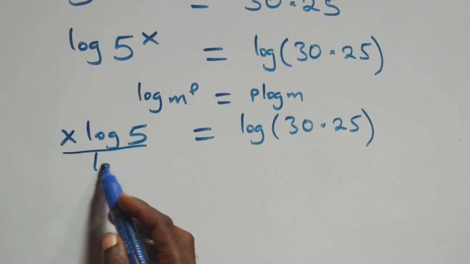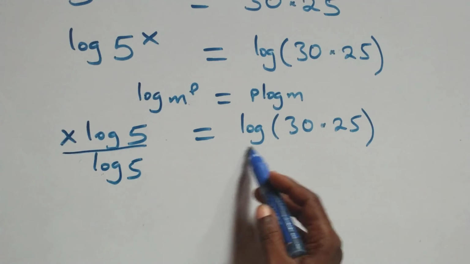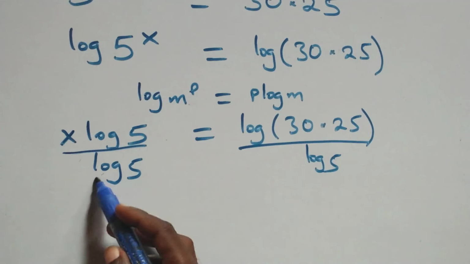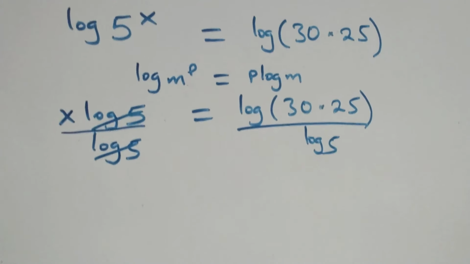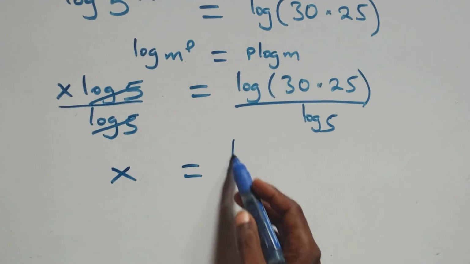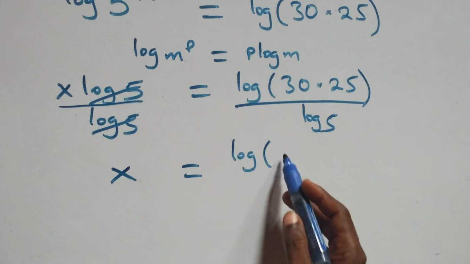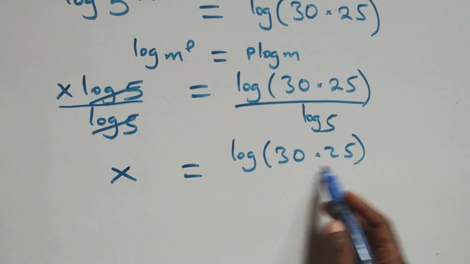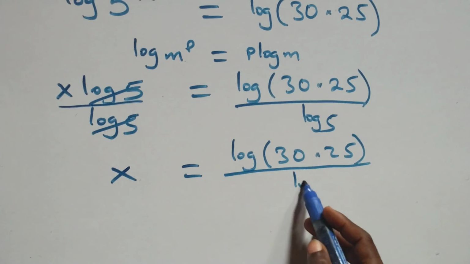Divide this side by log 5, also divide this side by log 5. Here log 5 cancel each other. We have x equals log 30 times 25 over log 5.